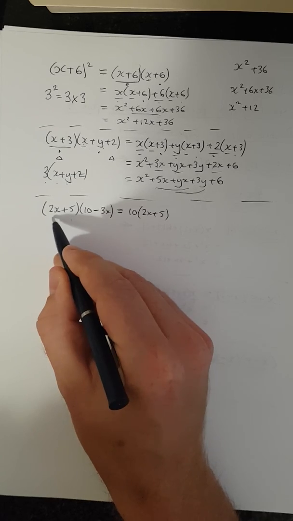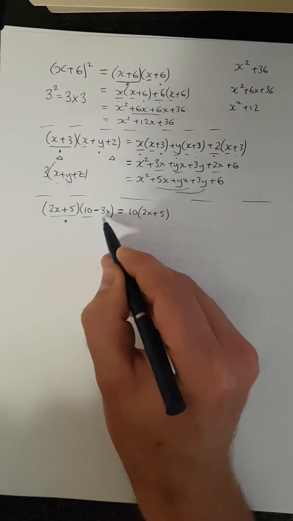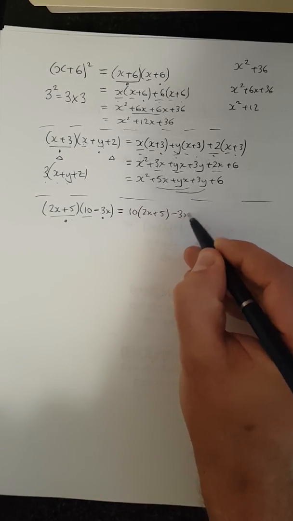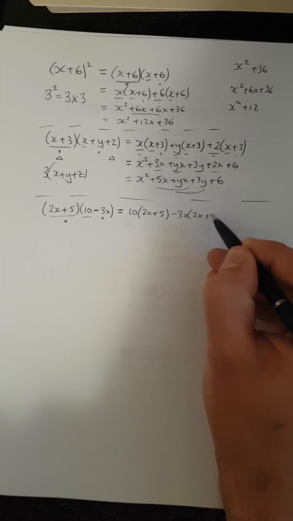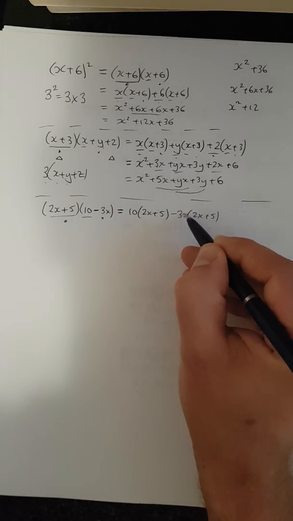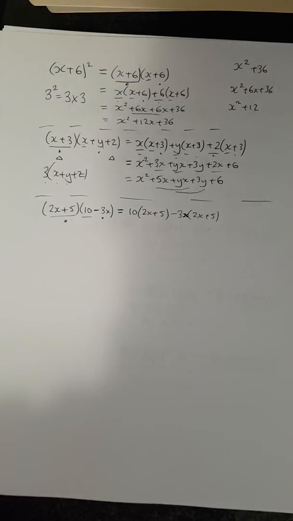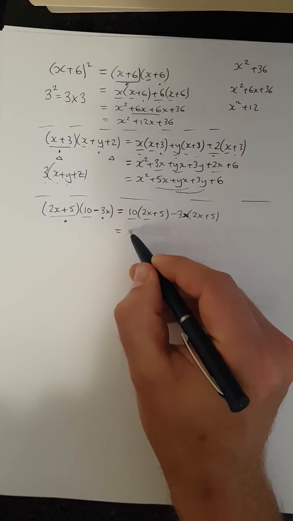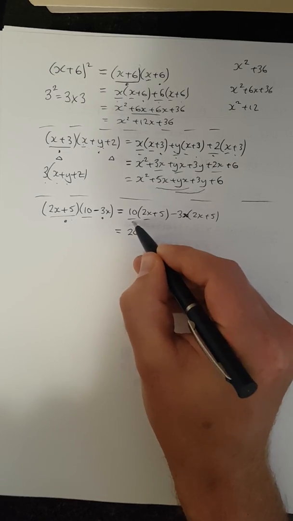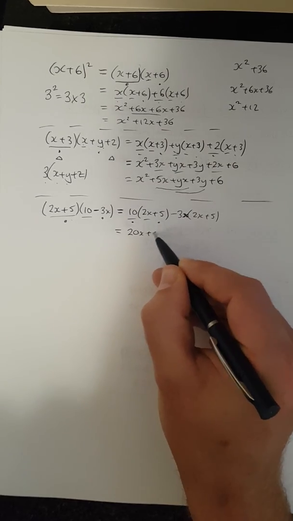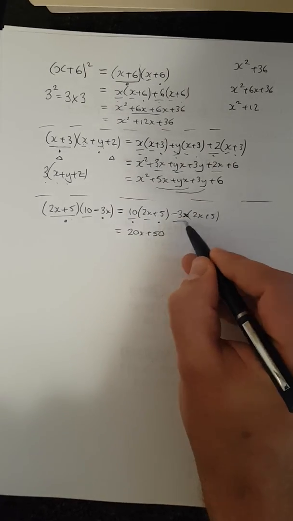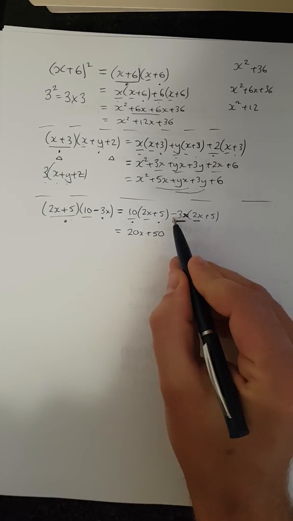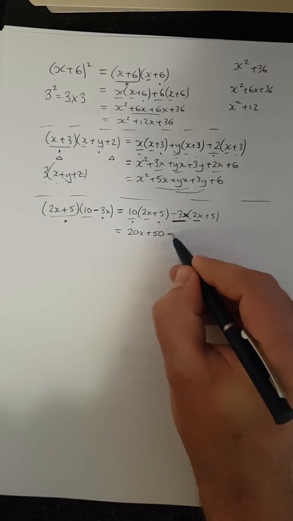The thing outside the bracket times by the second one. You can see here, as we go through term by term, negatives are going to be an issue.